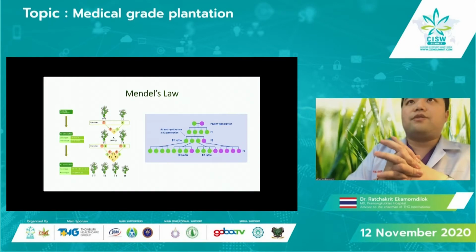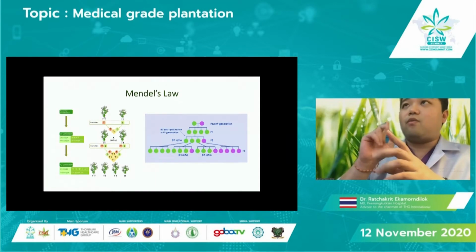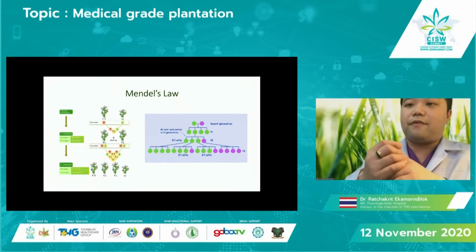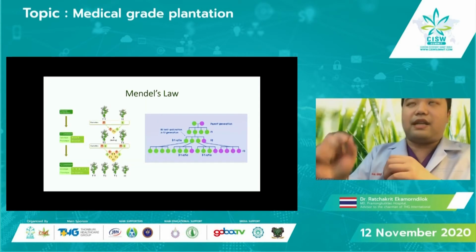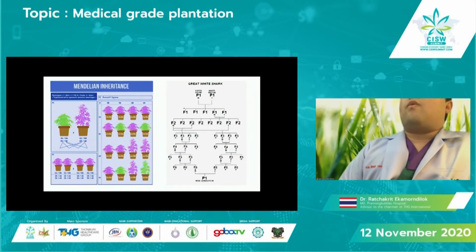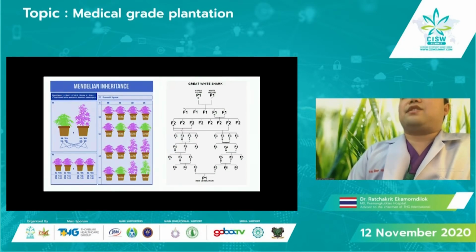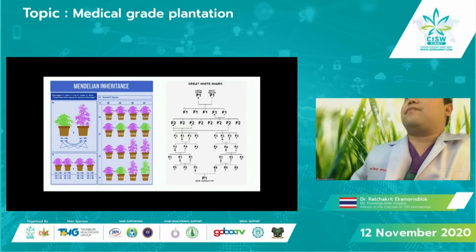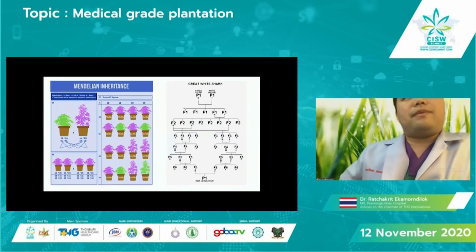in a 3:1 ratio. This is what you have to understand when you produce a new genetic, a new strain of cannabis. You have to stabilize the genetic type. How can we stabilize it? On the right side of the picture, Great White Shark is one of the strains, showing how a new strain is produced.